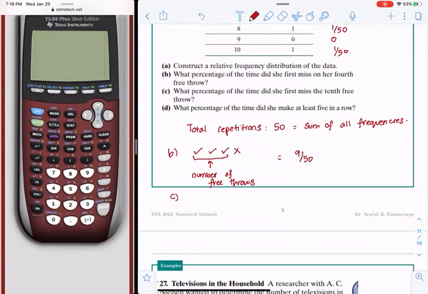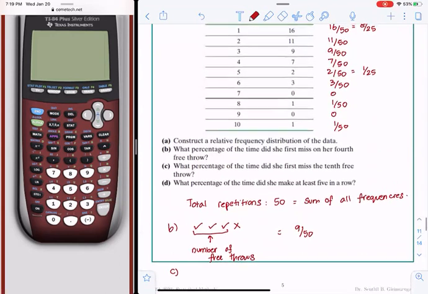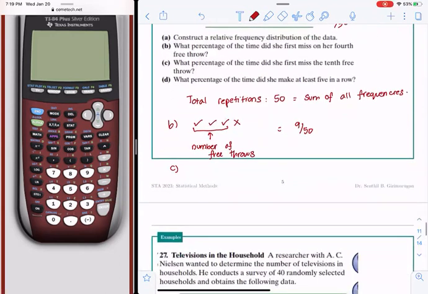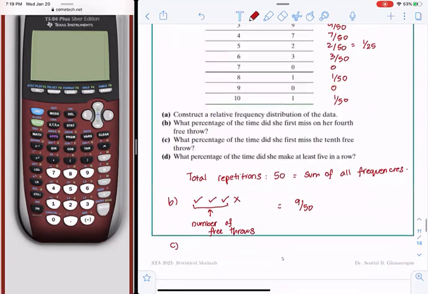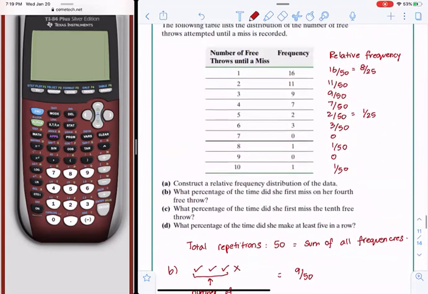Part C, what percent of the time does she first miss the 10th free throw? So she should have made 9 of them, and the 10th she would miss.